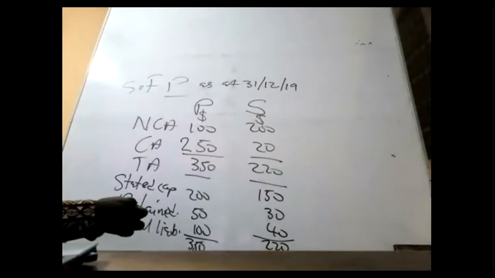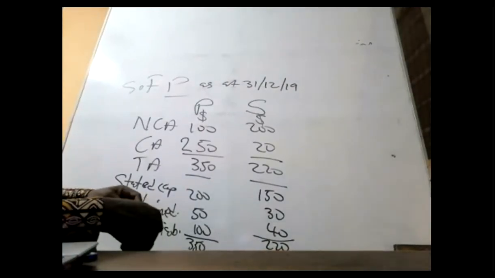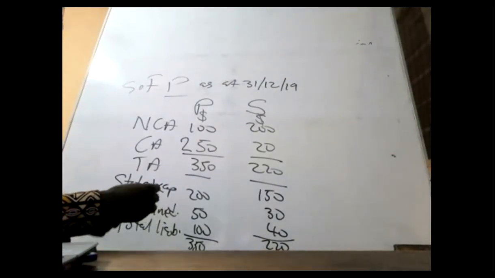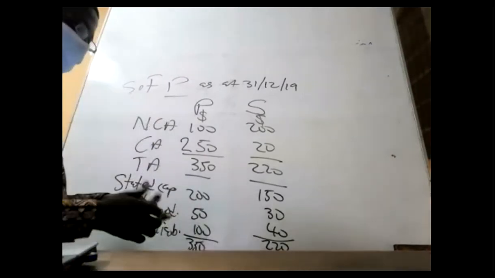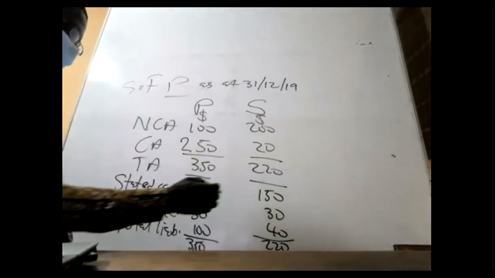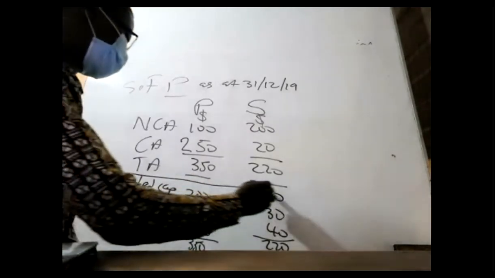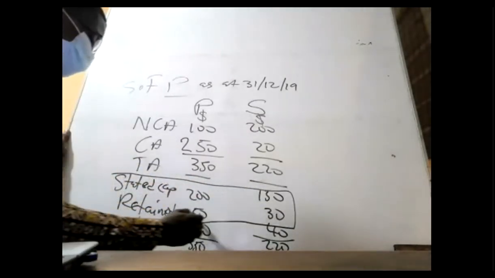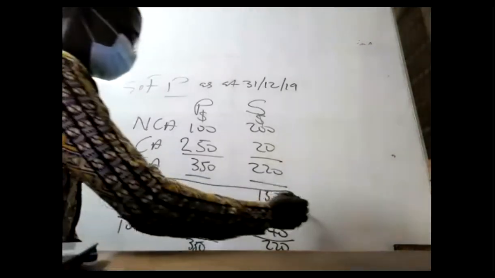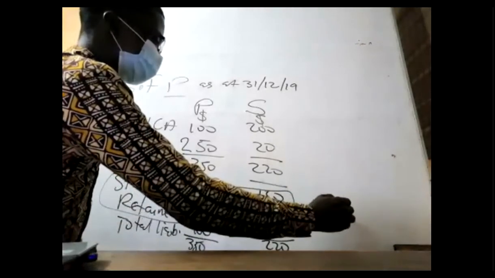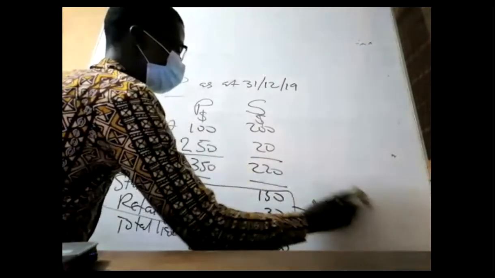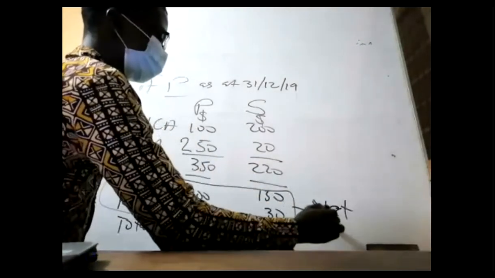Let's prepare the consolidation. First of all, the parent acquired everything. Tell me the net asset. Now the net asset simply means we measure net asset in terms of your stated capital plus the reserves. That is your net asset acquired. So that is our net worth.